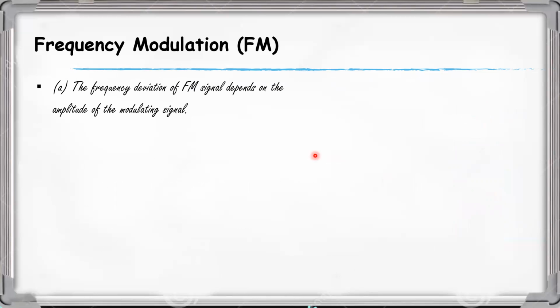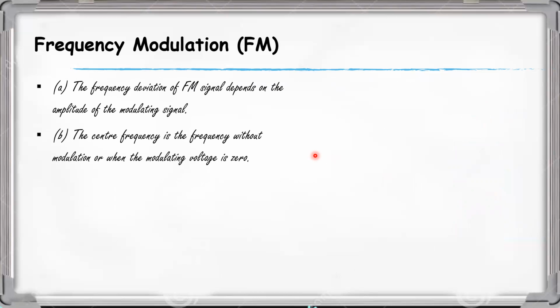The frequency deviation of an FM signal depends on the amplitude of the modulating signal. The frequency without modulation, or when the modulating voltage is zero, is called the center frequency.